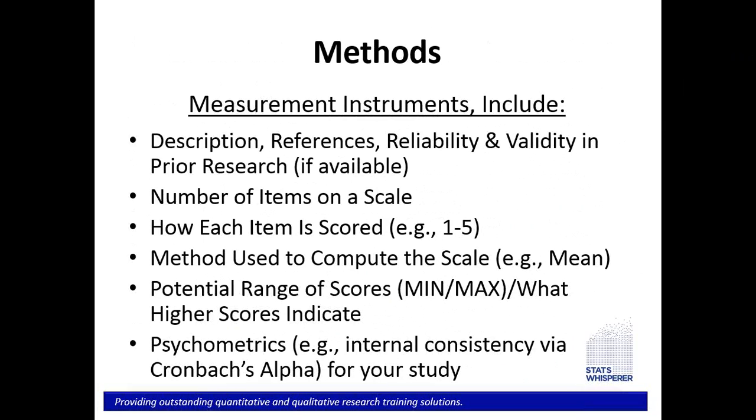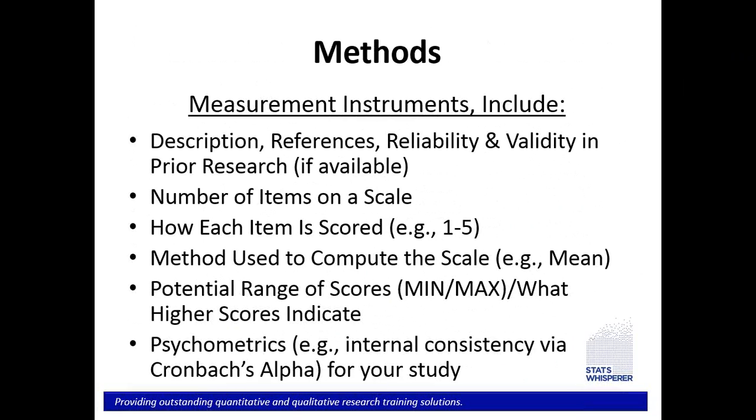Then we would want to say the number of items on the scale, okay? How each item is scored, for example, Likert scale 1 to 5. The methods used to compute the scale, right? So if it's a composite scale with multiple items, how is it computed, right?